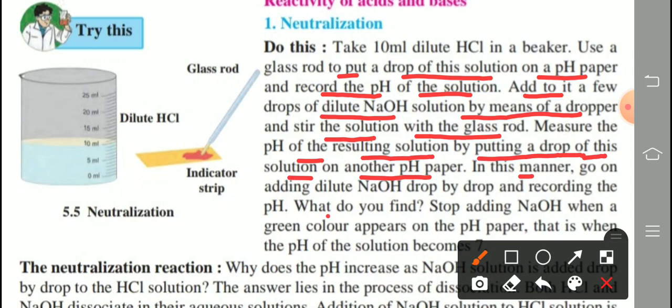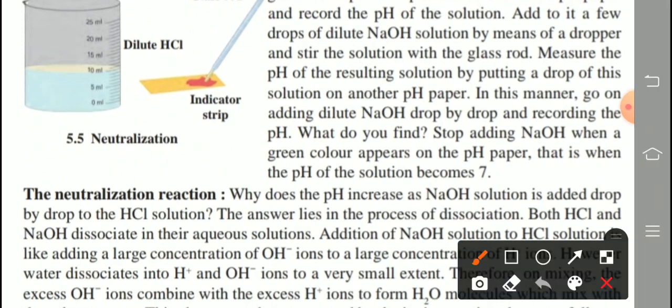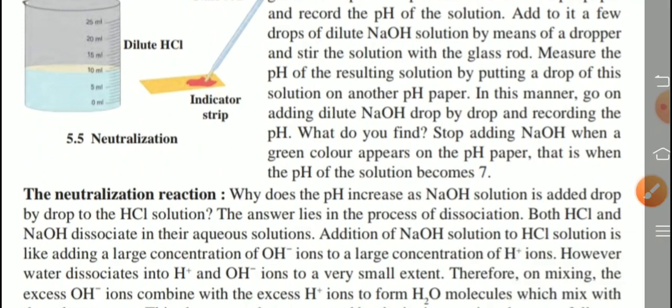What do you find? Stop adding NaOH when a green color appears on the pH paper. That is when the pH of the solution becomes 7. If we observe the green color on the paper, it shows that the pH of that solution becomes what? 7. It means a neutralization reaction has taken place.